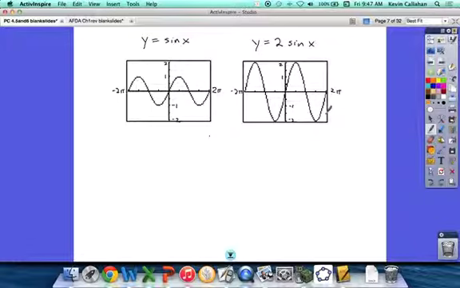Yeah, in a way, remember when we multiplied other functions by a constant, that was either called a stretch or a shrink. So this is a stretch, right? That a is stretching the graph. Now, sine and cosine in particular, because of the wave nature that they've got, have the middle of the graph here.